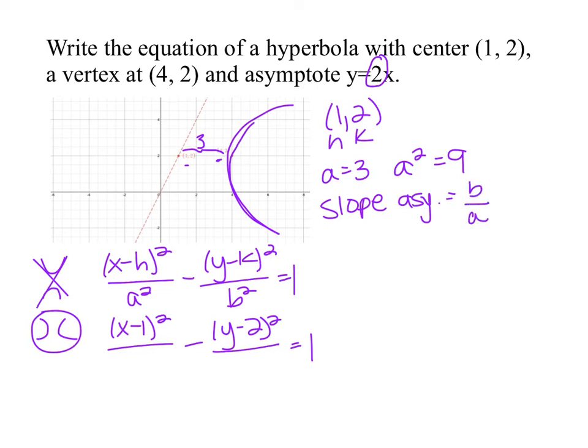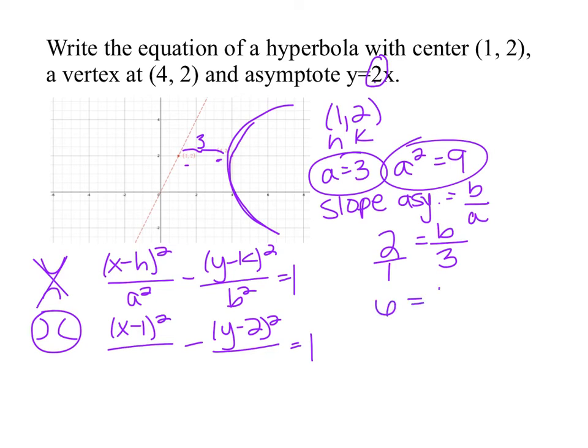So if we know the slope of our asymptote here is 2, because y equals 2x, so slope is 2, we don't know b, but we know a is 3, right? So then if we cross multiply here, we get 3 times 2 is 6. So b would have to equal 6. So b squared would equal 36.